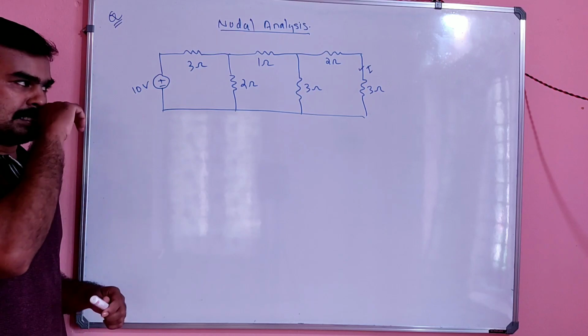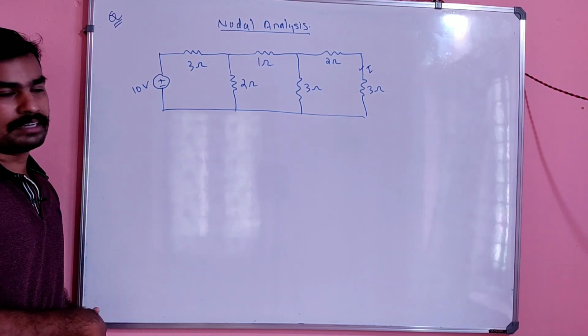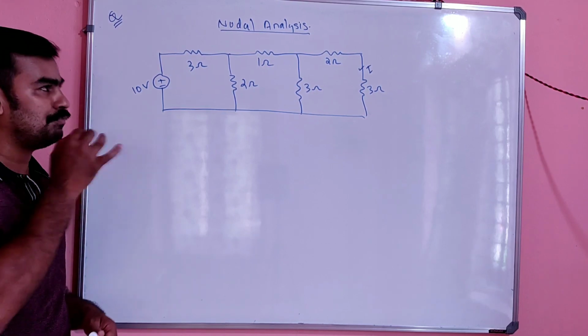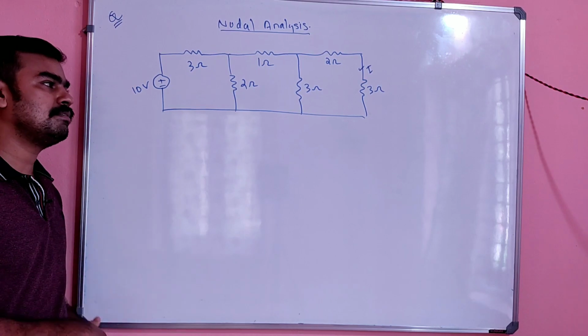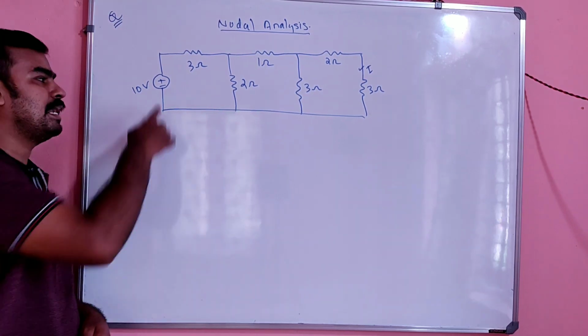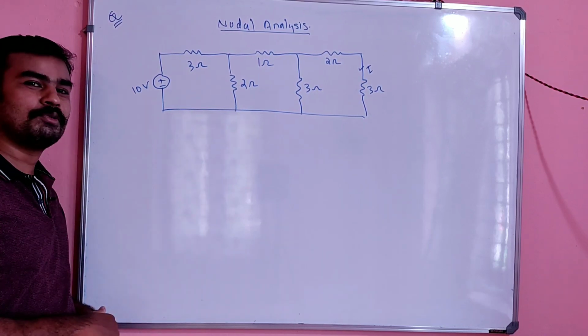So for nodal analysis, you have to know some important facts. First of all, there should be a reference node. The reference node is taken to be the point where the maximum number of branches connect, and the voltage at the reference node is always 0.